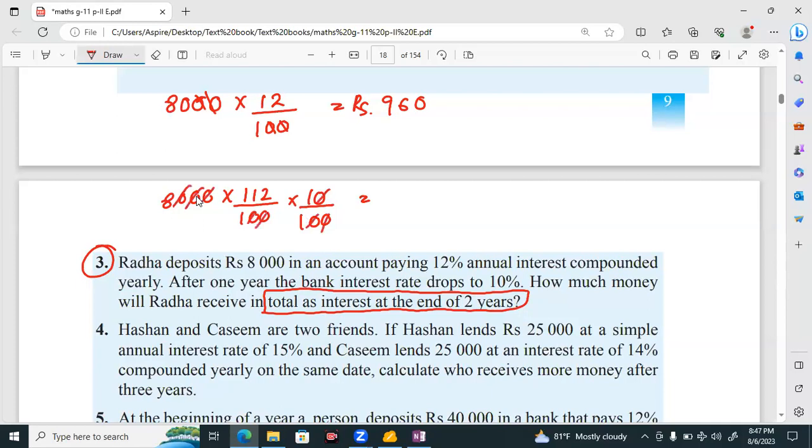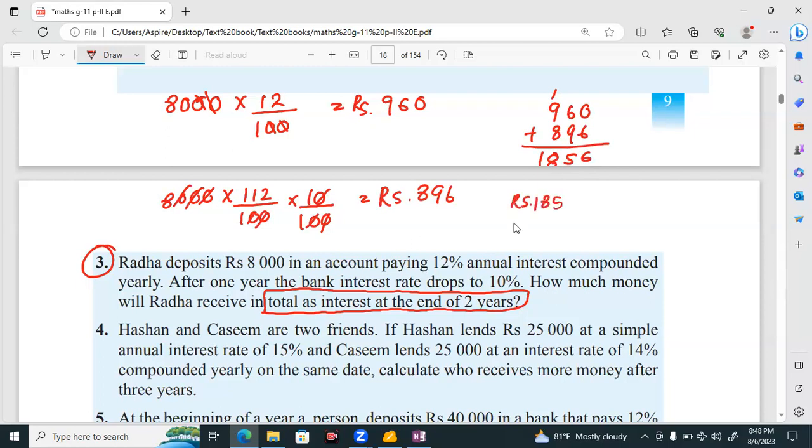Then 8 into 112 is 896. Then 960 added to 896 is 1,856.